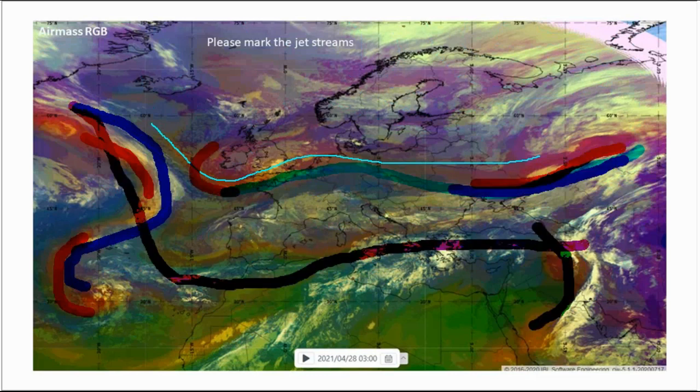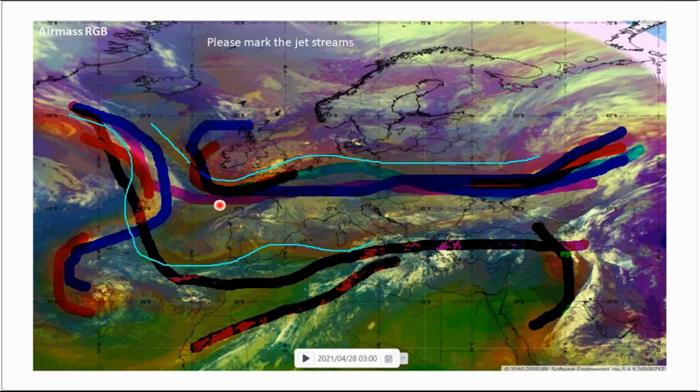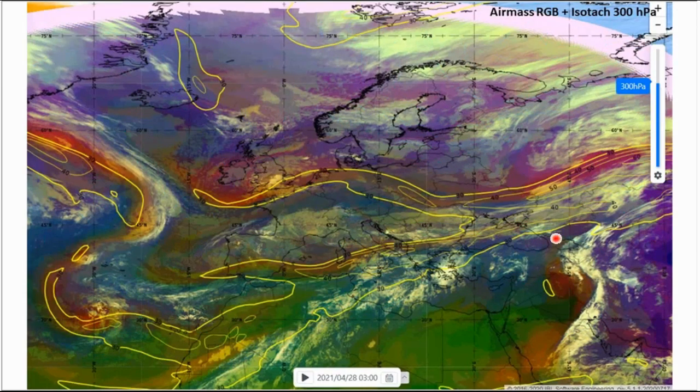So these jet streams in air mass RGB are represented in this brownish, reddish color as these lines which you can see here. And you can always check with the model fields and see if this is nicely overlaid. So we can do the overlays with the model field, and we can see that it is very nicely collocated with this brownish reddish line on the air mass RGB.